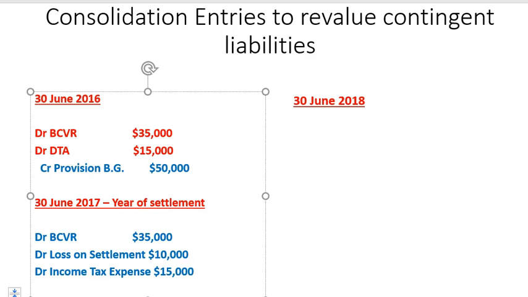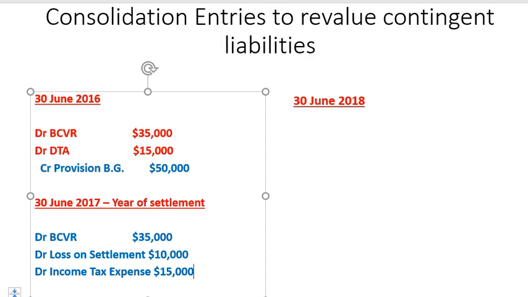Now, the reason this is done is because the subsidiary has recorded no liability or no expense whatsoever for this contingent liability. But because we recorded it on the group financial statements, when the subsidiary has recorded this loss on the $50,000, we have actually increased the profit by $50,000 because we have already recognized this liability on the group's consolidation.